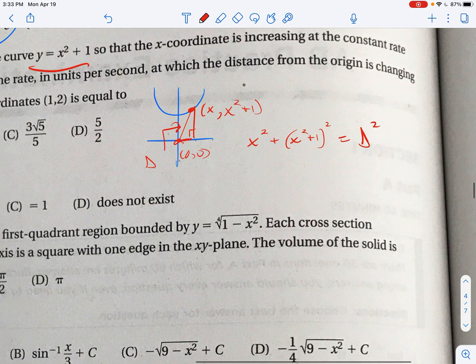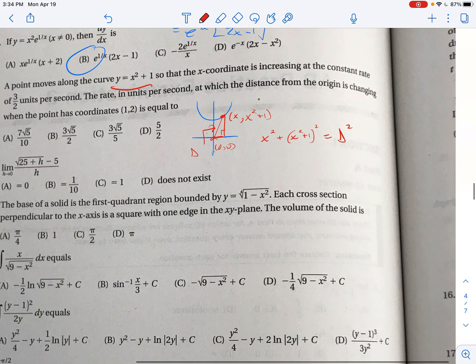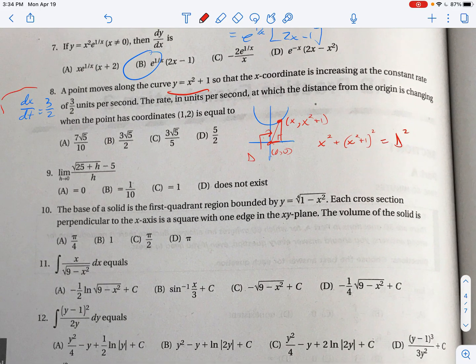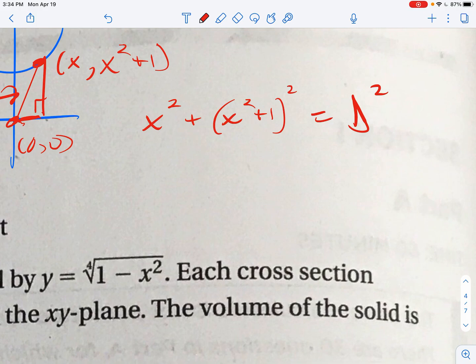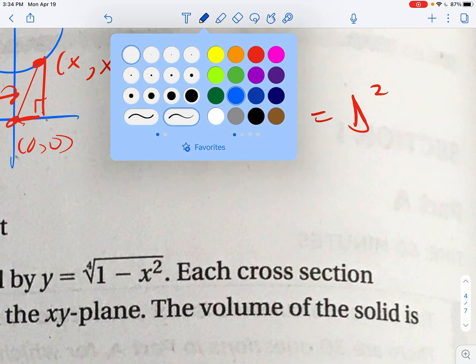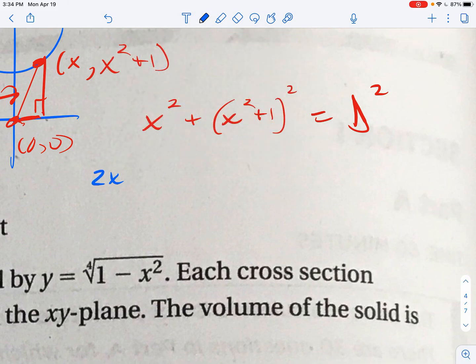Now I'm going to take derivatives of everything with respect to time. Time is the underlying variable here, right? Because we want to know the units per second. So there's a lot of chain rule stuff. X is not the variable. X is a function of time. So my derivative here would be 2 times x times dx dt.